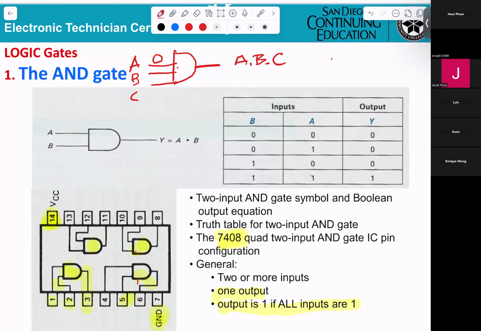What is the output supposed to be? 1? How come you get 1? Because the input was 0. The only time you're going to get 1 is if both inputs are 1. If both inputs are 1, you get 1. But if the inputs are 0 1 or 1 0, it's 0. Oh, 0. Yeah.